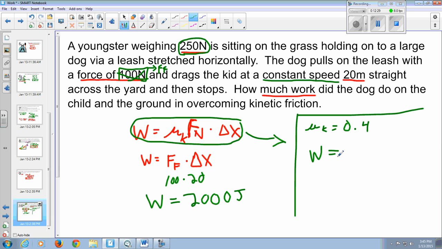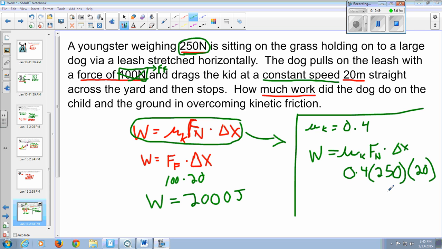because work would equal the coefficient of kinetic friction times force normal times displacement, and we plug in our numbers. 0.4 for mu, force normal is equal to the weight because we're sitting on a flat surface, and we're still pulling him 20 meters, let's assume.